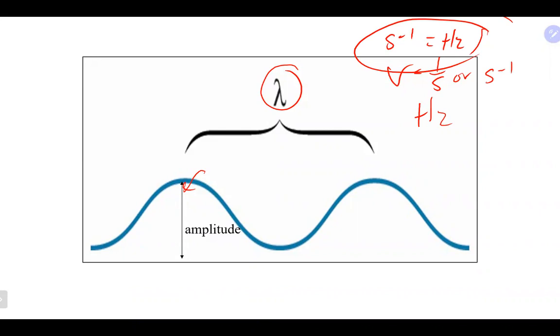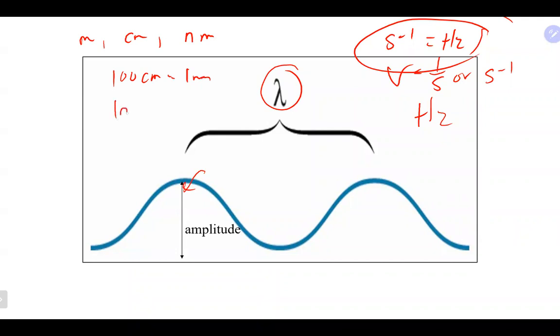Another aspect we look at is the speed of a wave, which is a lot of times given in meters per second. When we're dealing with waves in terms of wavelengths, meters is a very common unit that we use a lot. Centimeters and nanometers are also very common units that we use for waves. Reminder again that there are 100 centimeters in 1 meter.